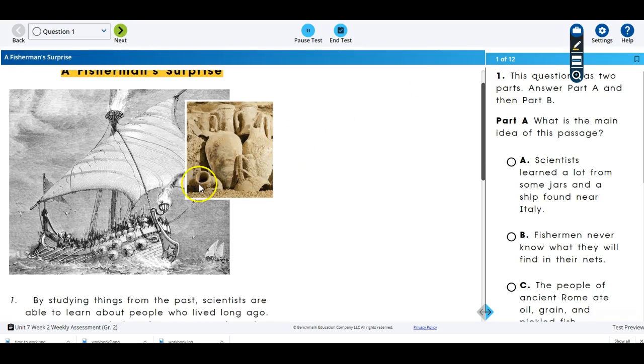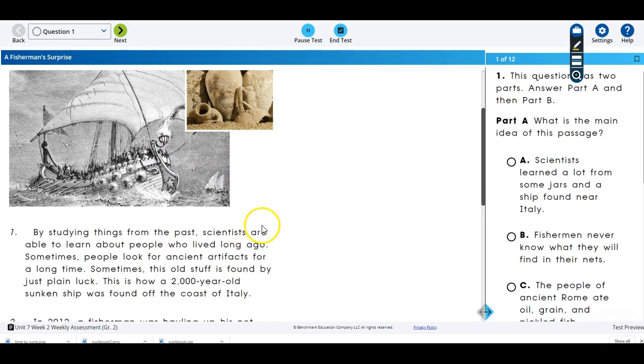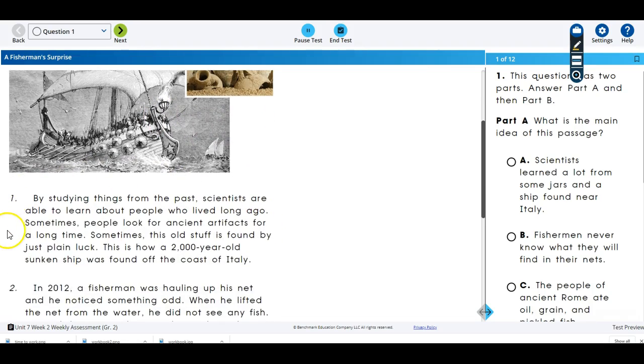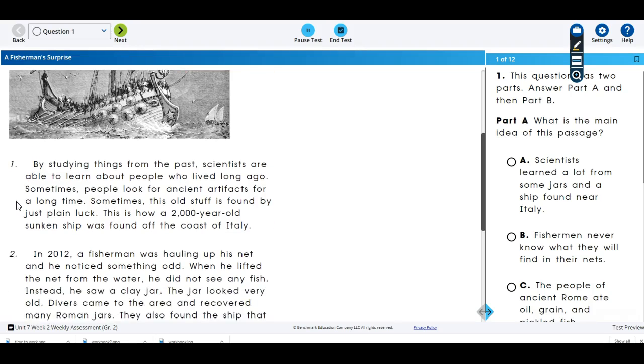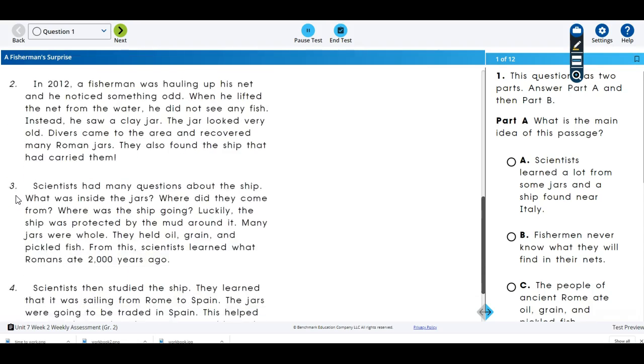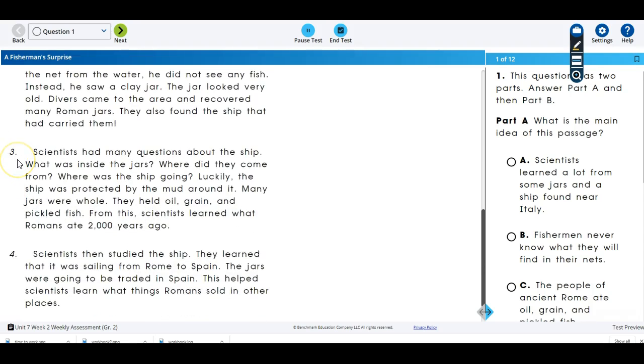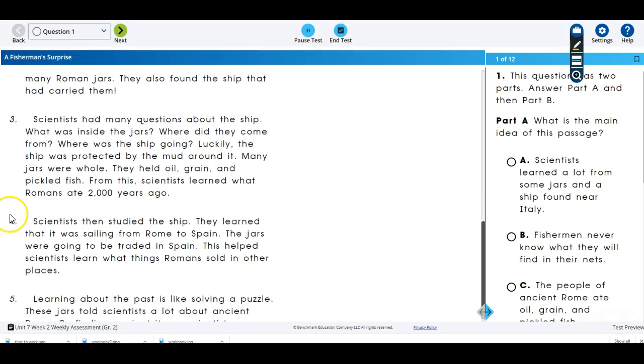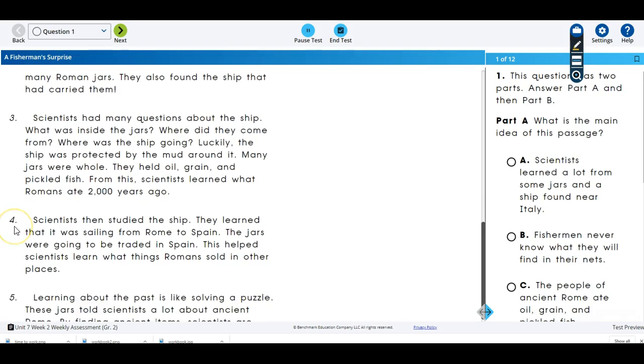All right, so let's look over our story. What do we see here? We see an illustration. We see a photograph. These are our text features. We're going to read each paragraph. Look for facts.